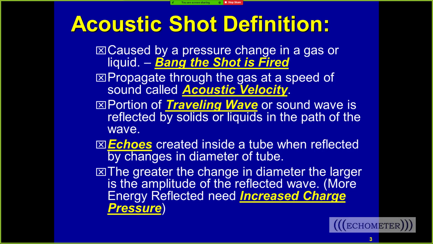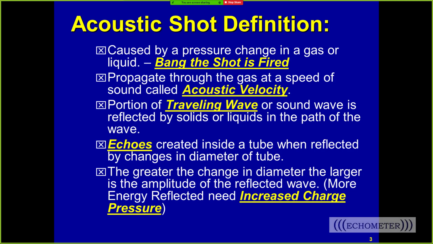Now, every time this pressure wave goes through a change in cross-sectional area, a portion of that wave of energy is reflected back to the surface, and that creates what we call an echo. The energy is decreasing as a pressure wave travels. The energy decreases less when the pressure is high, and decreases quicker when the pressure is low. The echoes are the reflection of a piece of the traveling wave that's going down the well.